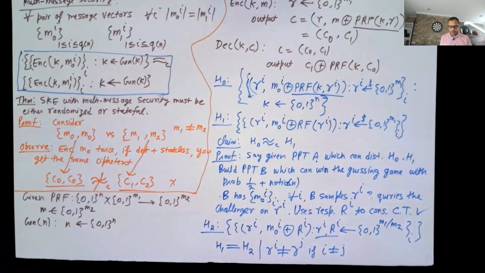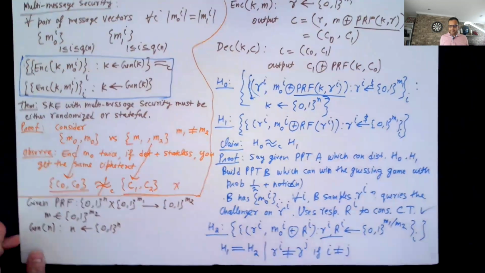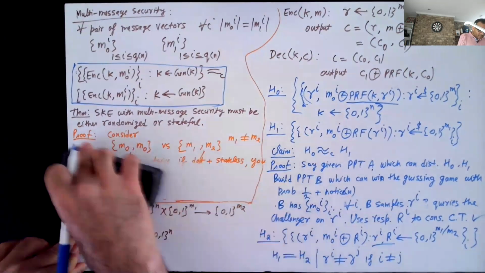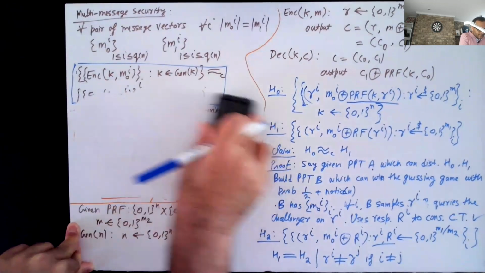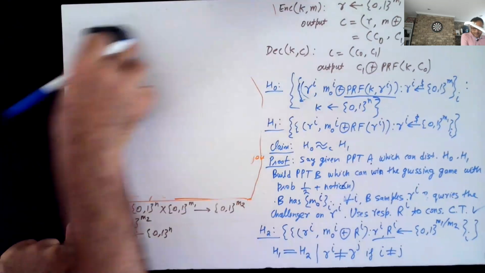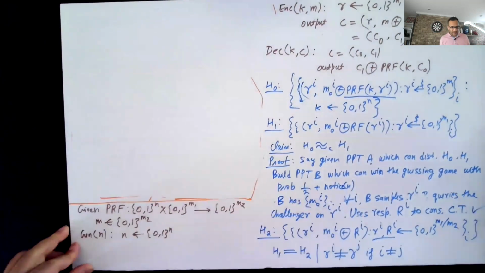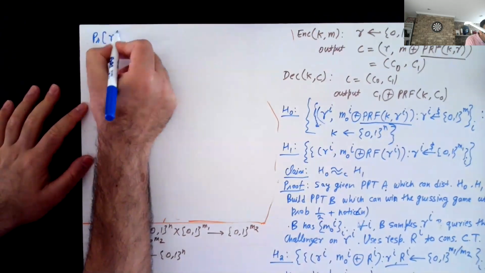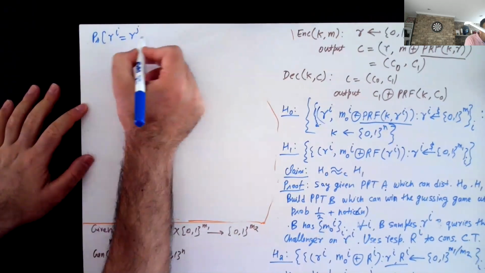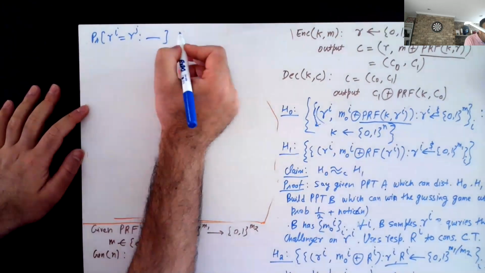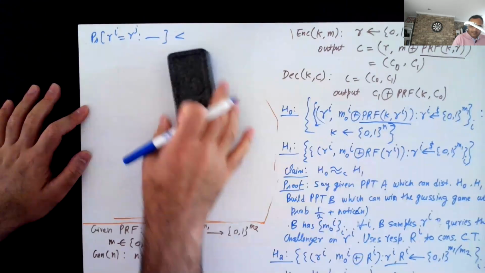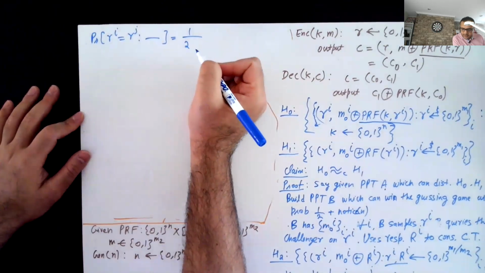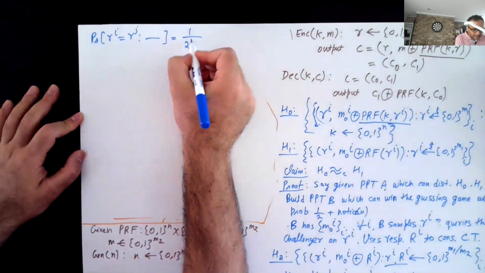Okay, but then you note that the probability of a collision is negligible. The probability that some ri equals some rj, such that they are picked at random, is exactly equal to 1 by 2 to the power the length of these strings, which is M1, I guess.